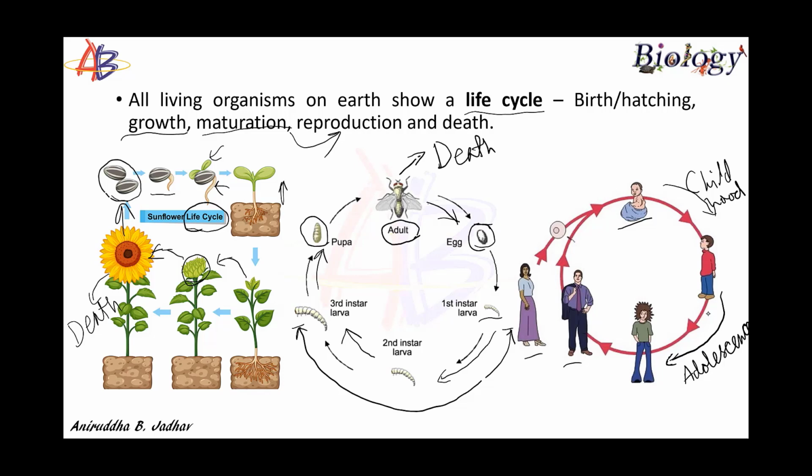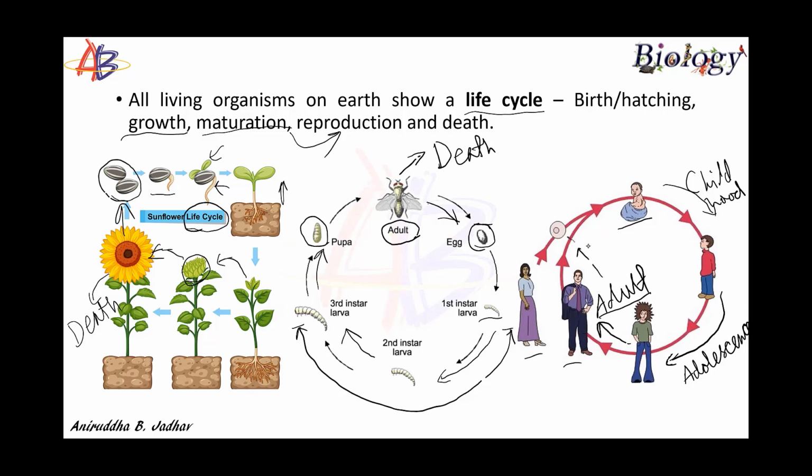In the childhood phase, we can observe the maximum growth of the child, and during adolescence, under the effect of various hormones, this individual is attaining reproductive maturity. And once it attains reproductive maturity, it enters into the next stage called adult stage. And now these adults are reproductively mature.